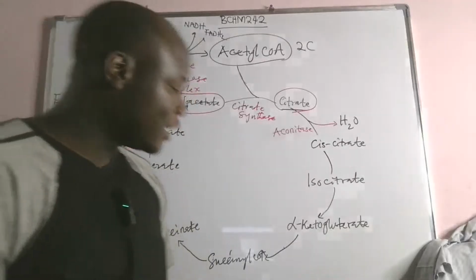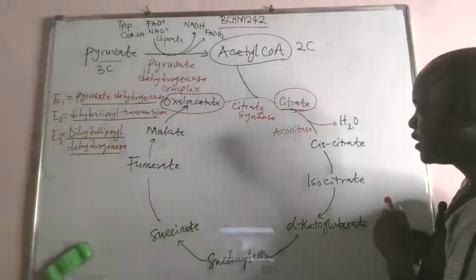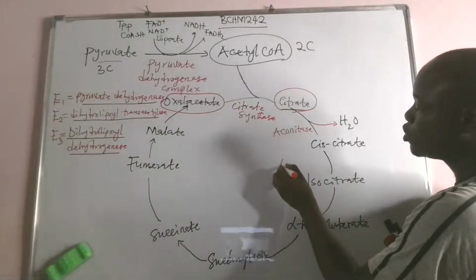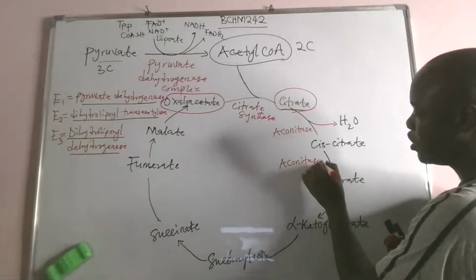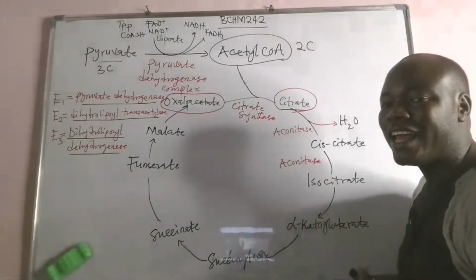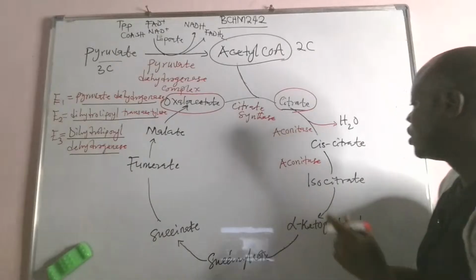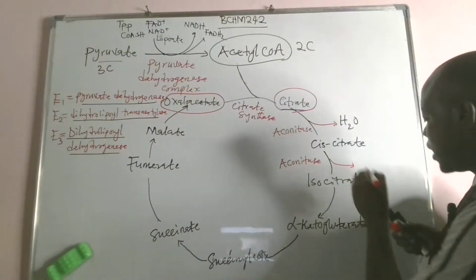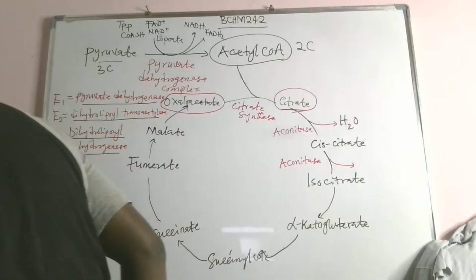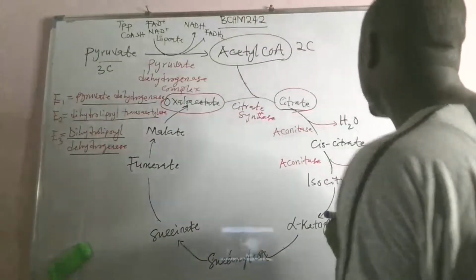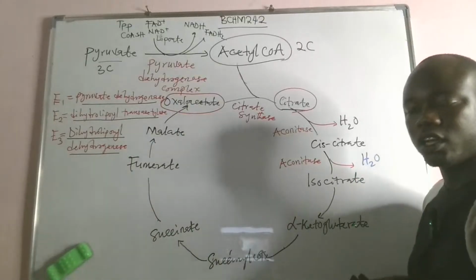Okay. So the next thing, after one molecule of water is removed to produce cis-aconitate, the next enzyme, also aconitase, will say that there is still an extra molecule of water and we have to remove it. So another molecule of water will be removed from here.